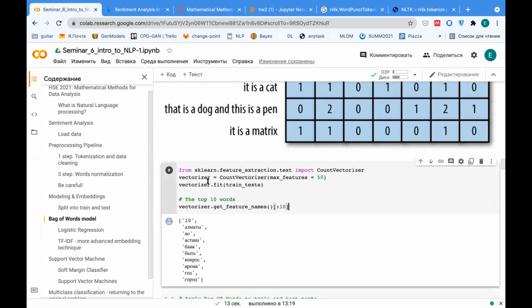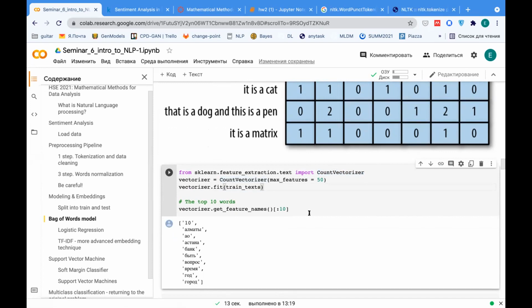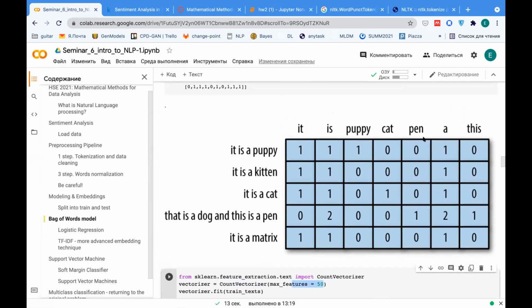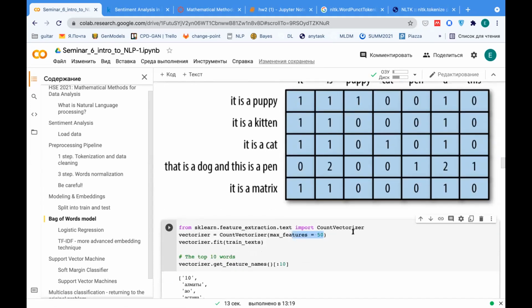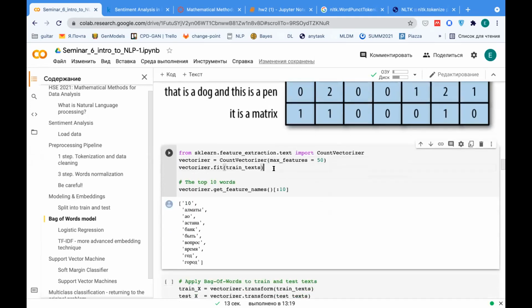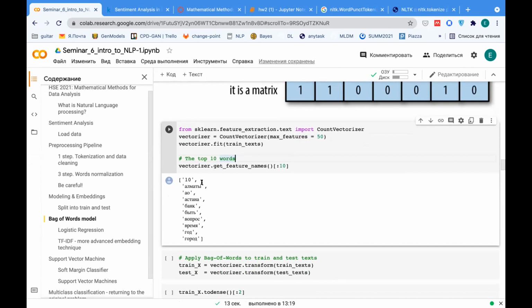And in sklearn, we have a function named CountVectorizer that will do this encoding. We'll say that we have actually 50 features. So we'll just have 50 words that we take from our dataset, and we will encode our sentences with these 50 words. If we look at our top words, we can see that the first of them is a number.